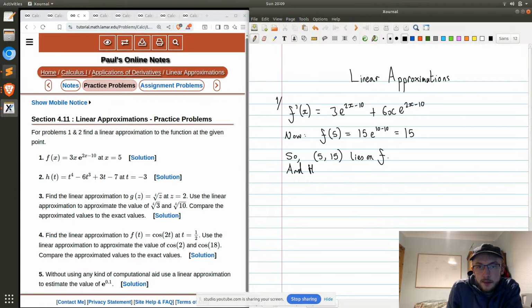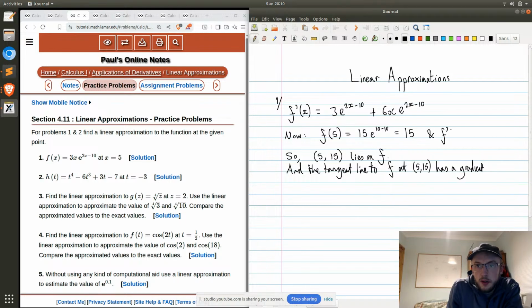And the tangent line to f at 5, 15, oh darn it, I forgot to figure out what the gradient was at that point.